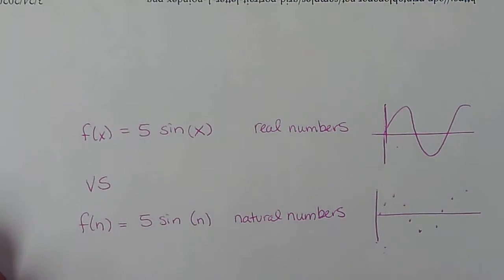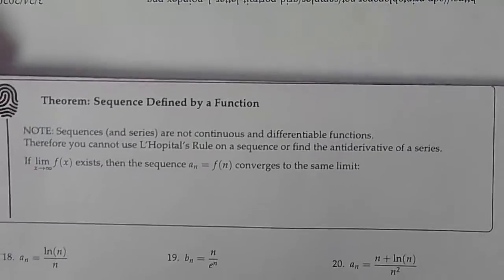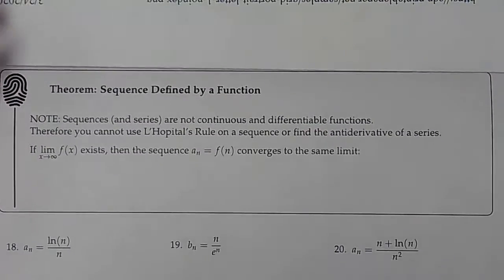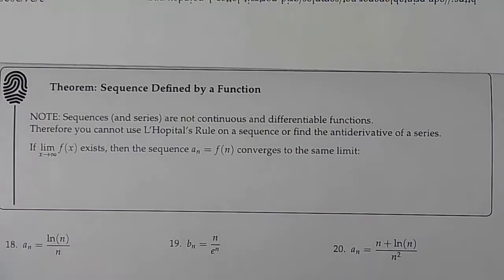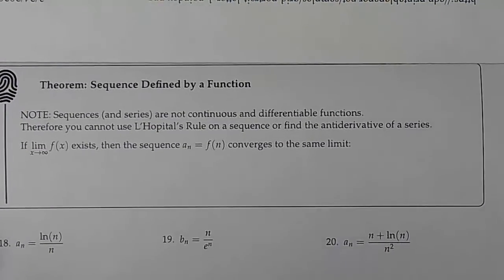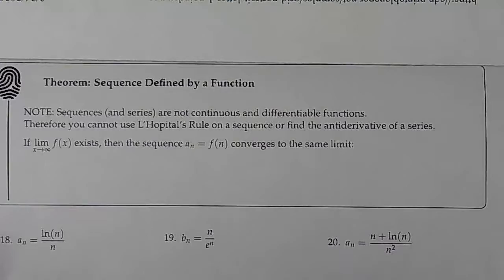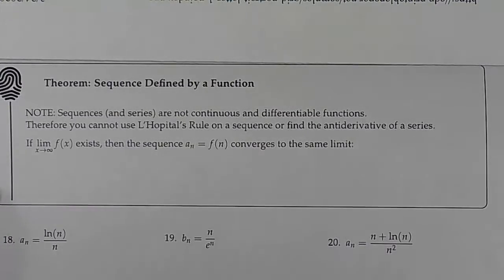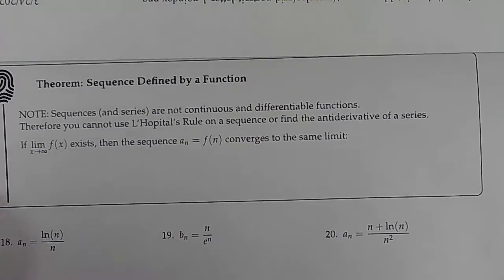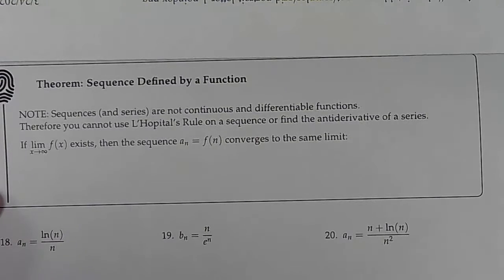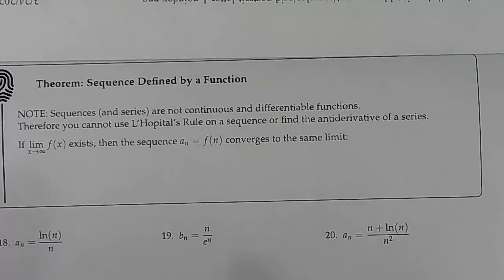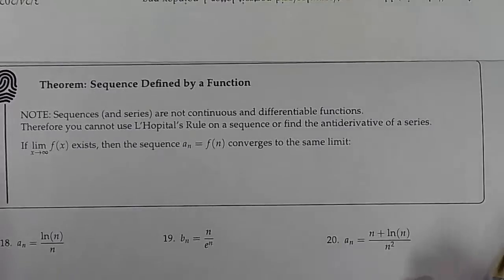All right, so with that in mind, let's take a look at this theorem. Note that sequences and series are not continuous and differentiable. Therefore, we can't use L'Hopital's rule or find the antiderivative of series. It does, however, turn out that if the limit of f of x as x goes to infinity exists, so if we're looking at the limit in the real numbers and that limit exists and is finite, then the sequence a sub n equal to f of n will also converge to the same limit.